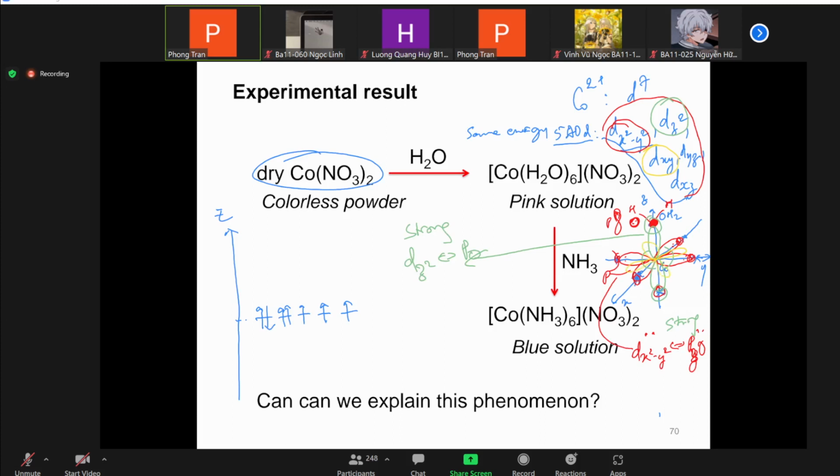So you can see that the interaction between the oxygen here and the orbital here is quite far. The distance is very far. So here you have weak interaction between the dxy and the p of oxygen. Do you understand? You have 2 orbitals with electron density. They are negative in charge. The closer they are, the stronger the interaction. The further apart they are, the weaker the interaction. Is it clear?